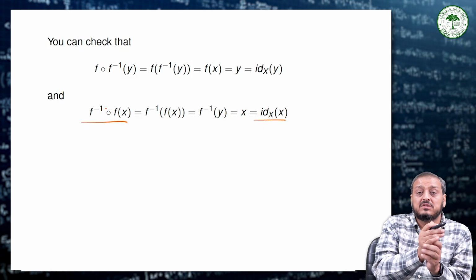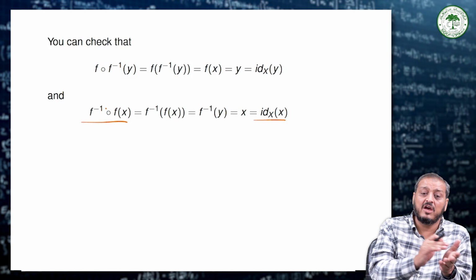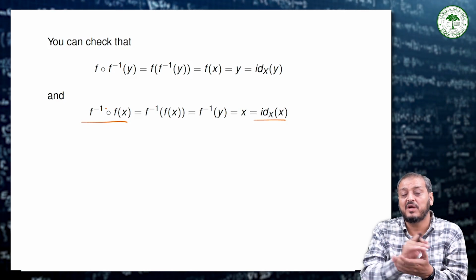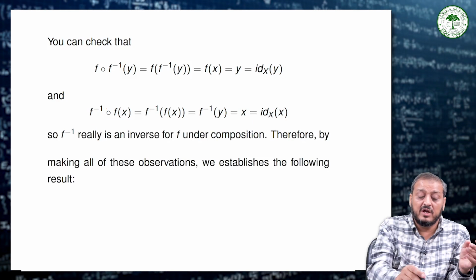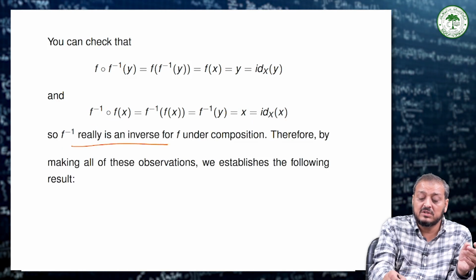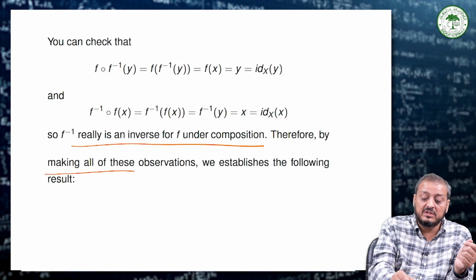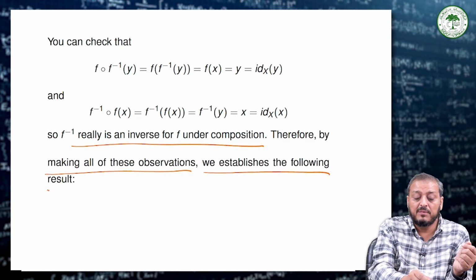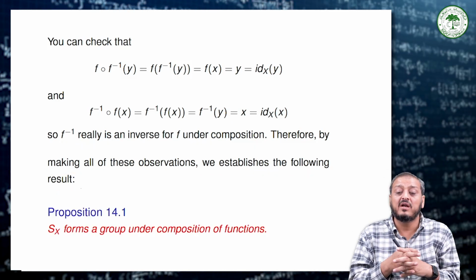So f inverse composition f of x is equal to identity of x, and f composition f inverse of y is equal to identity of y. Then we can say that this is really the inverse under the composition of functions.